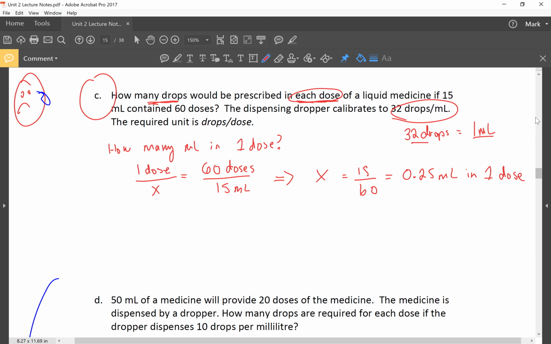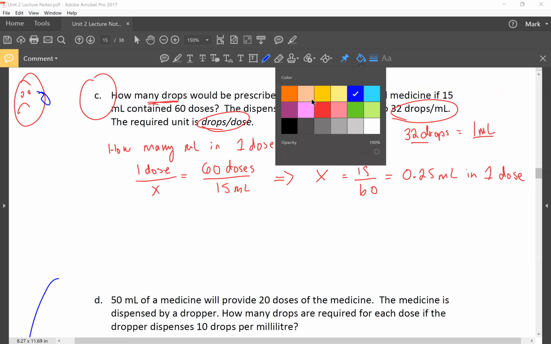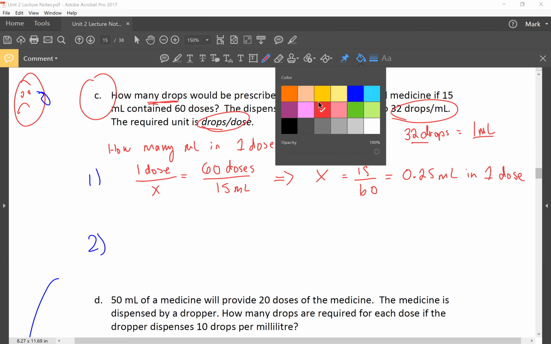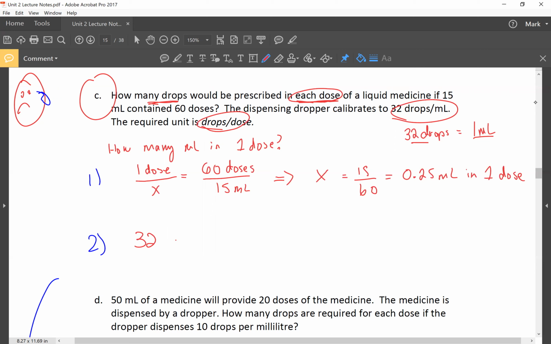All right, what do I do next? Well, the next thing I need to do is figure out how many drops are in one of those doses. Part 1 is pretty normal. Part 2 is a unit conversion question. I know that there are 32 drops in 1 milliliter.